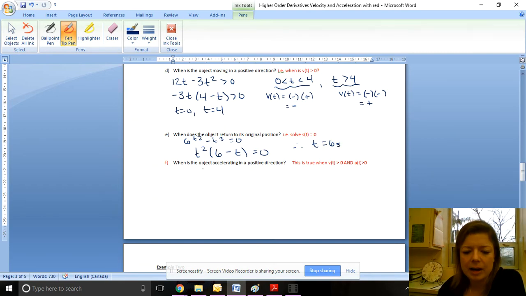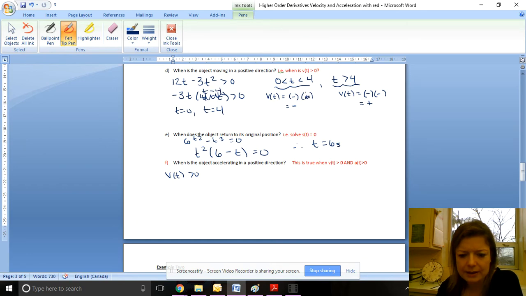Okay, and finally part F, when is the object accelerating in a positive direction? So this is going to be true when our velocity is positive and our acceleration is positive. And I know what I did wrong now. Okay, sorry, go back and fix this. I factored out a negative 3t, so this should have been t minus 4 here in brackets.